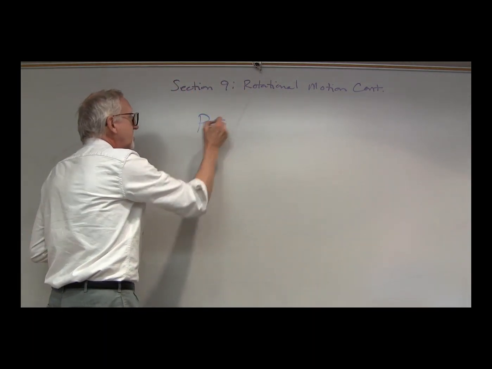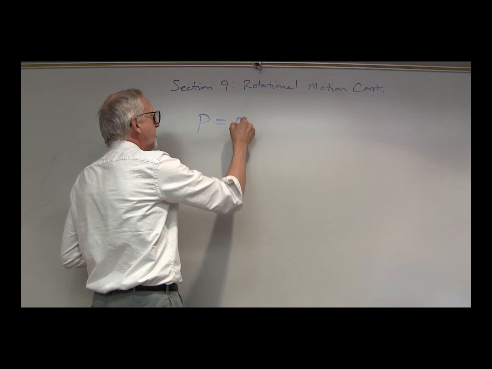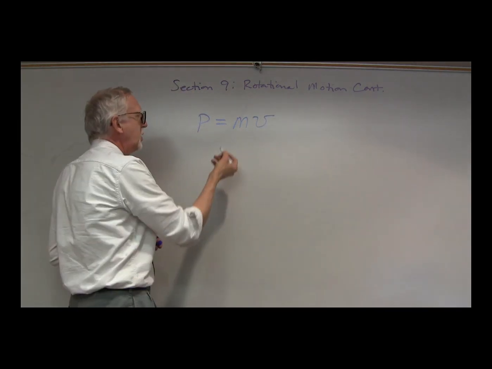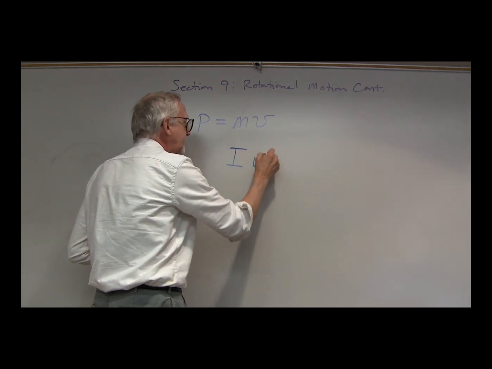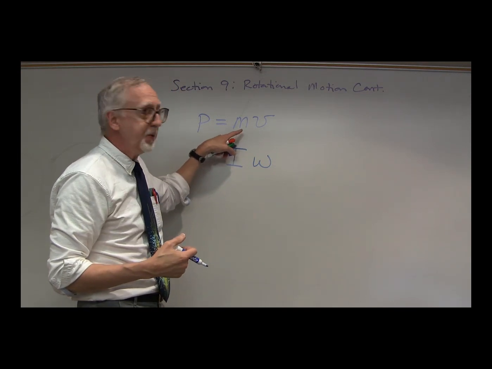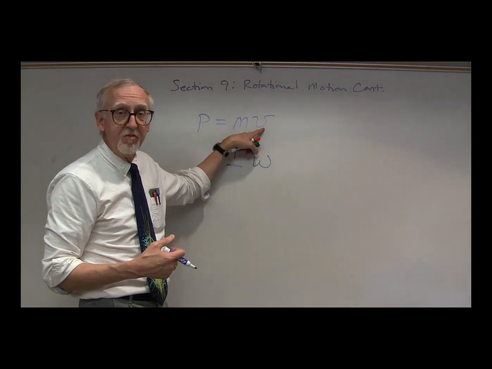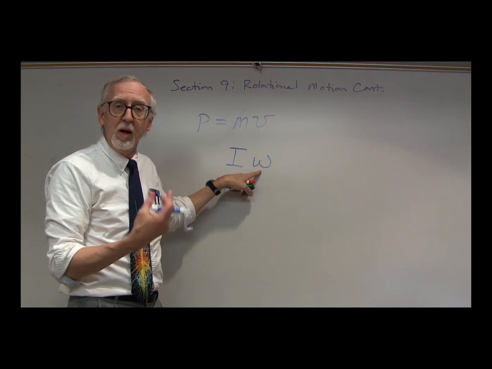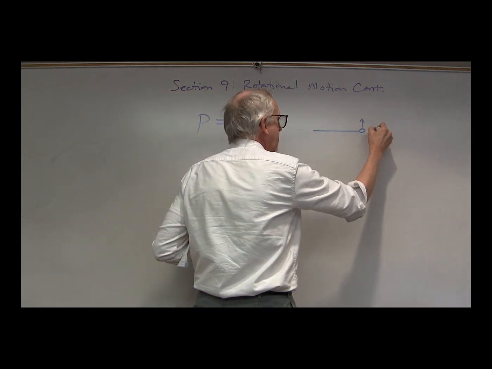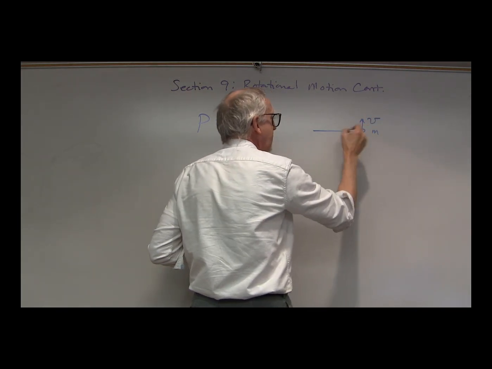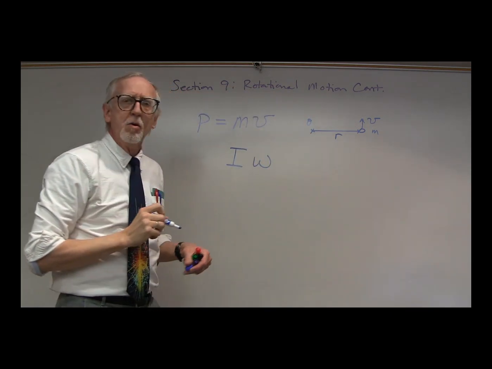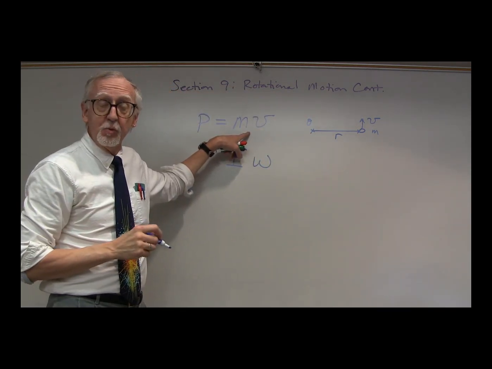The linear momentum we found was m times v. Well, maybe we can imagine that we might get something similar using the analogous quantities. The analogous quantity for m is I, the analogous quantity for v is omega. What would this look like for a point mass? Imagine we've got some mass m at a speed v at a distance r from the origin. Does this give us the same thing? Well, let's take a look.